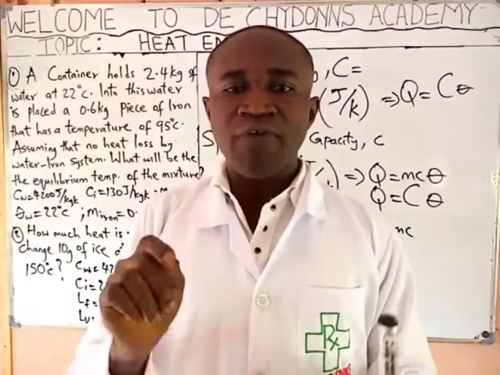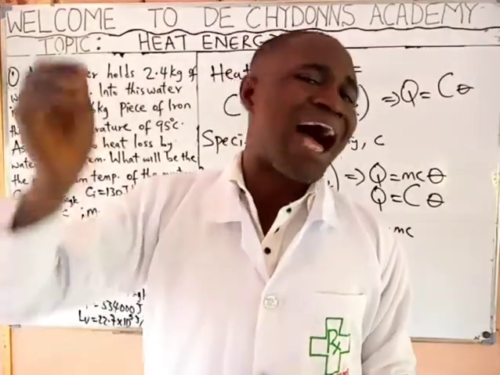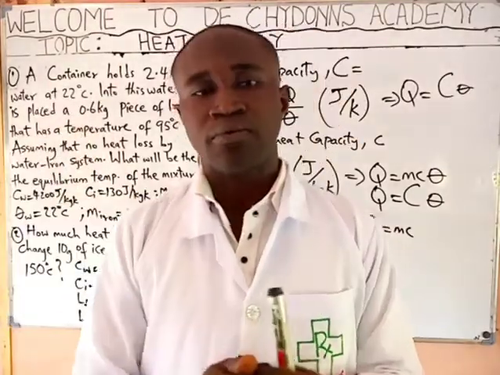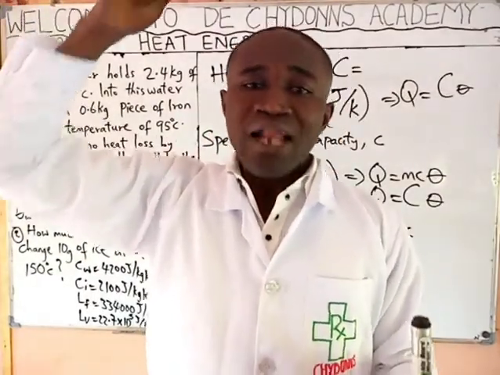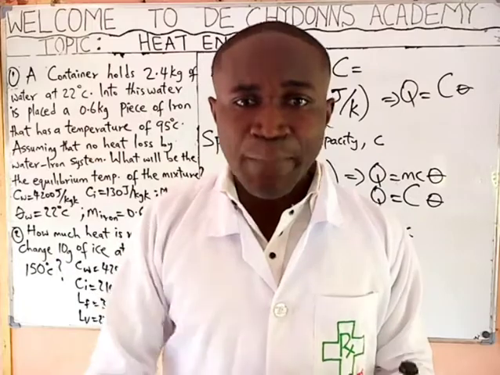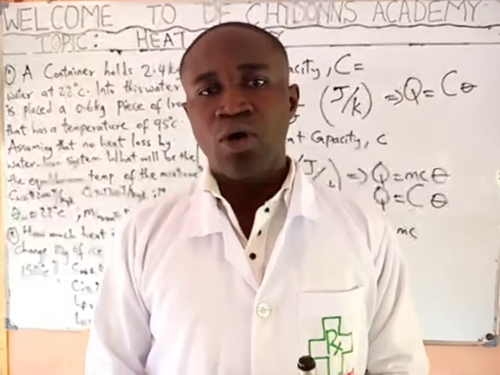This latent heat of vaporization also takes place at constant temperature. The way latent heat of fusion takes place at constant temperature, latent heat of vaporization also takes place at constant temperature. What do we mean?